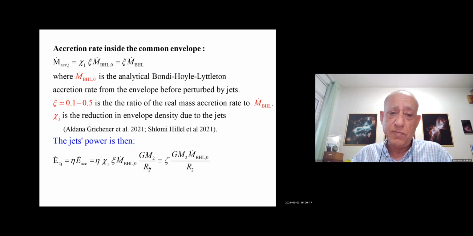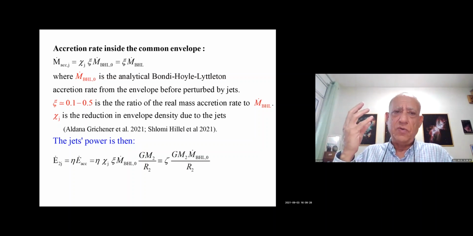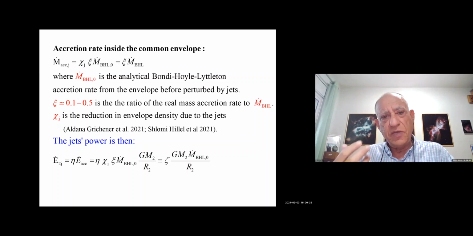It could be a neutron star or black hole; this formula does not refer to a main sequence star because of the eta. So if a neutron star or black hole spirals inside the envelope and then in the core, they can accrete mass and launch very energetic jets.